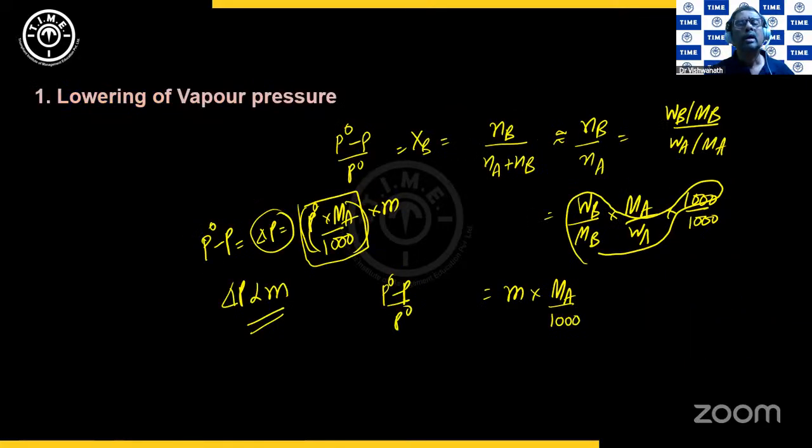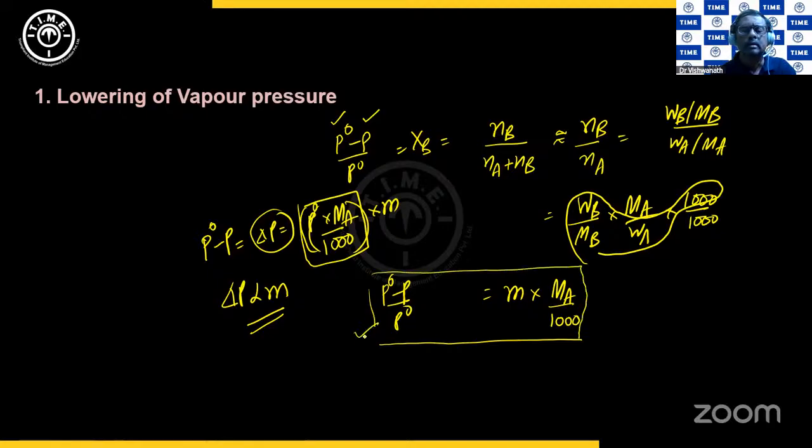Here I would show you what happens when the vapor pressure is lowered from P0 to P. P0 minus P by P0 is equal to XB, that is the mole fraction of the solute.